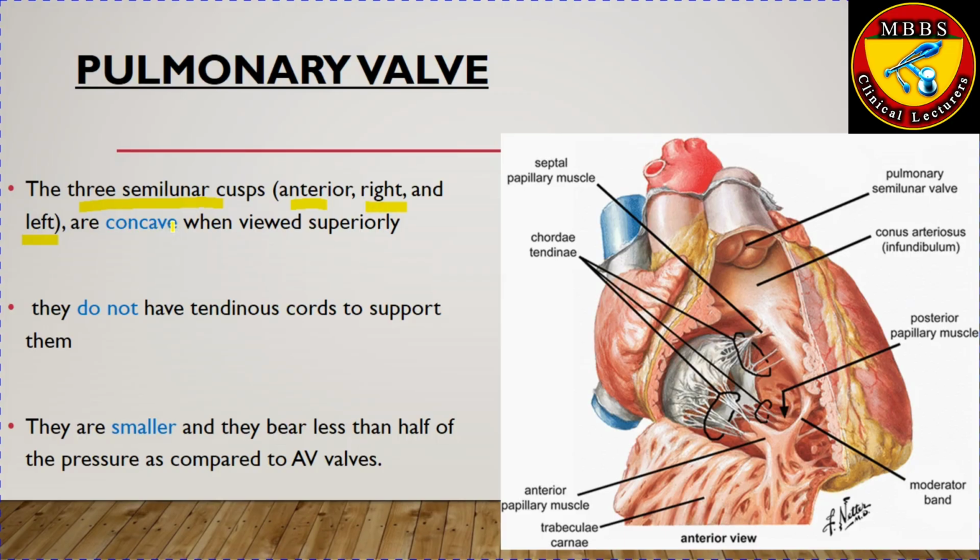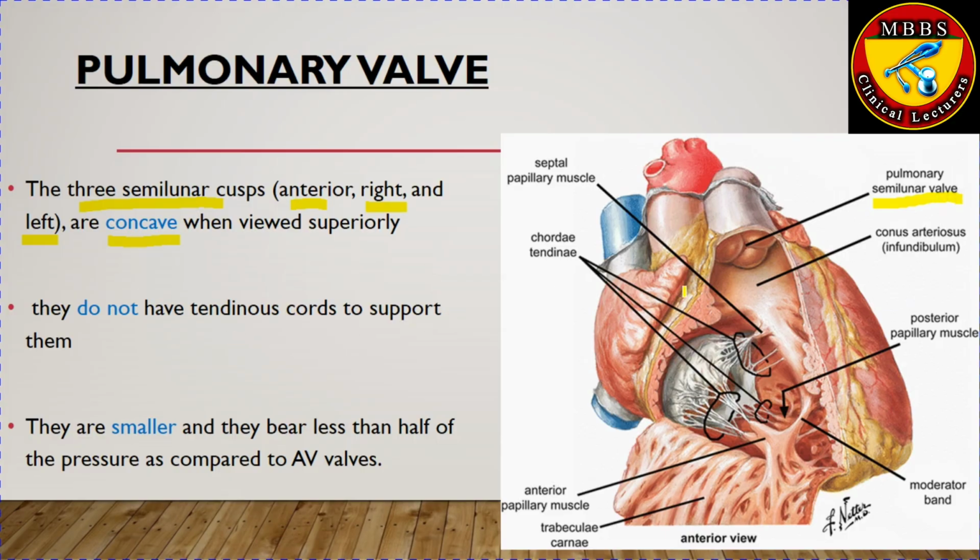When you view these cusps from superiorly, or when you view these cusps from the pulmonary trunk, they appear concave, while when you view them from the right ventricle, they appear convex. Okay, so this is the pulmonary trunk and you can see the semilunar valves of the pulmonary valve.